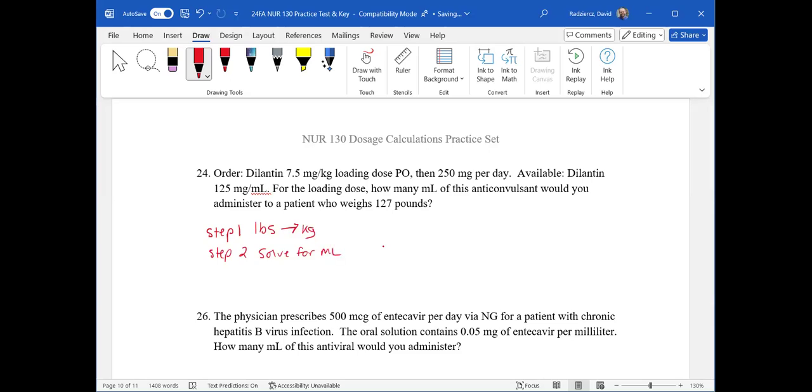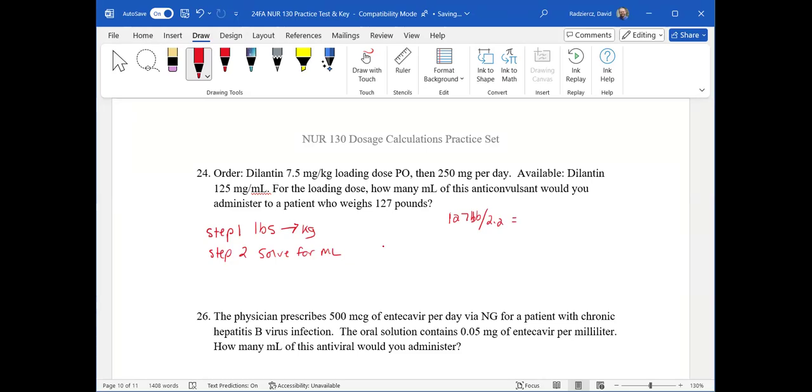Okay. So step 1, I'm going to convert pounds to kilograms. Normally, I don't write anything more than just how I do that. So I'm going to take my 127 pounds, divide by 2.2, and then that's going to give me my patient's weight in kilograms.